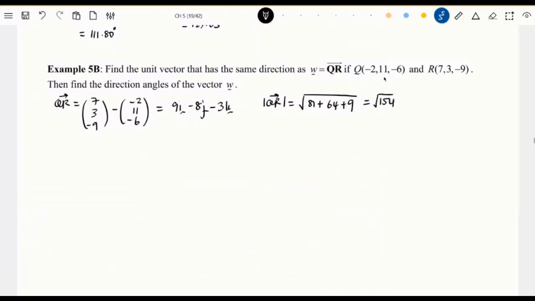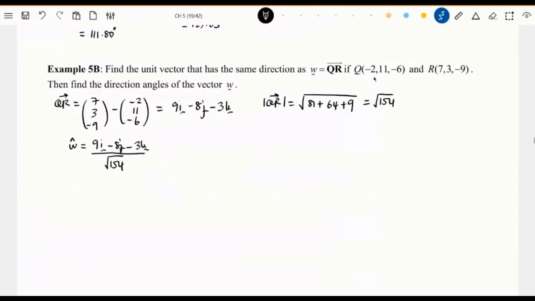So unit vector W hat adalah 9I minus 8J minus 3K over square root of 154. Okay.